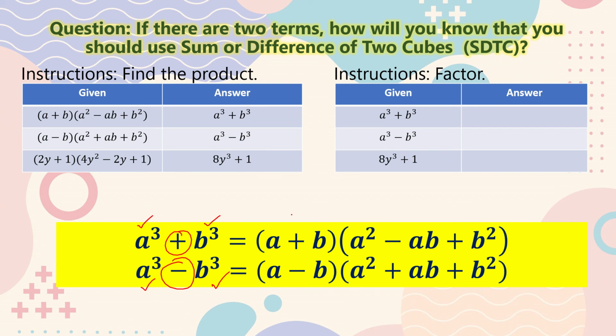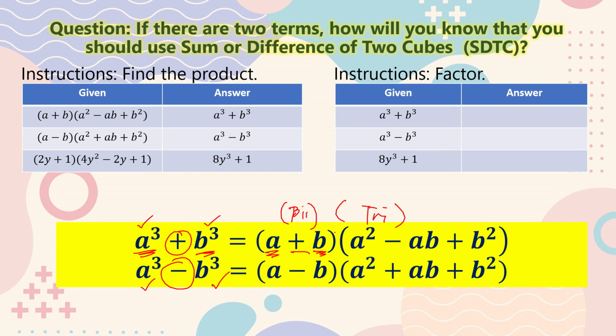The answer is always a binomial times a trinomial. For the binomial, you just have to get the cube root of our first term, a cubed, which is a. Just copy the sign of the operation in the given, plus. And next is the cube root of b cubed, which is b. Same here, same pattern, so a minus b.